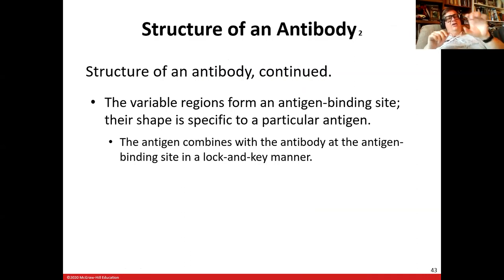Just like a lock has a special shape and only a certain key goes into it, in the same way, an antigen and an antibody have a specific shape, and the antibody will only grab onto and detect some antigens.